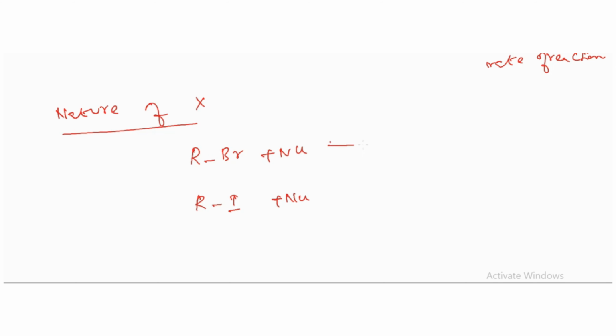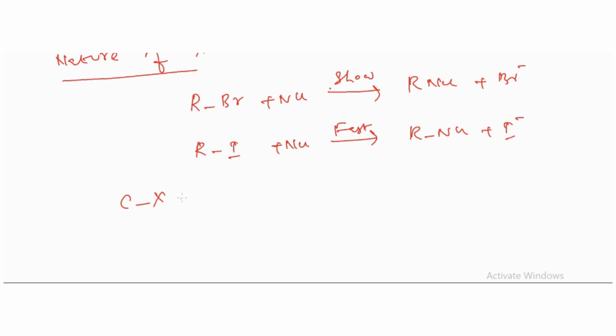If we react them with this nucleophile, this RBr will go slow and this will go faster. In this case, the iodine-containing alkyl halide goes faster and the bromine one goes slower. Why? What is the reason?